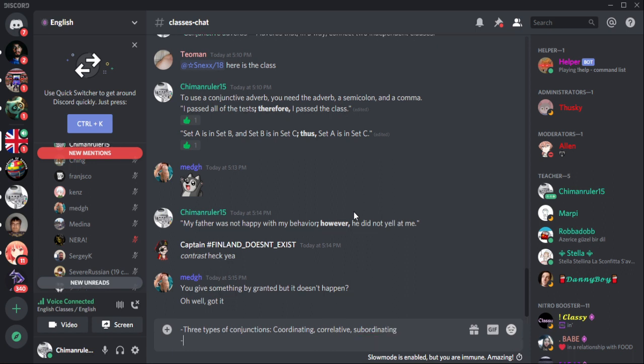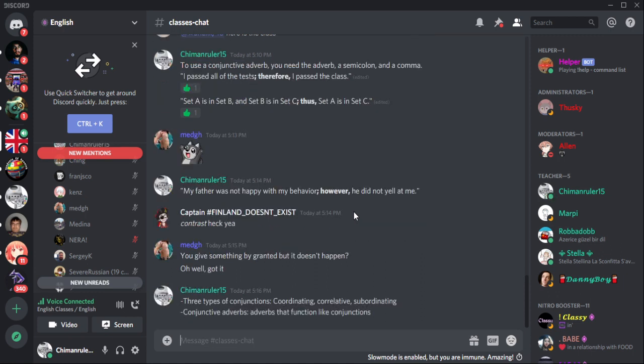And we also have conjunctive adverbs. So, to recap, we have 3 different types of conjunctions: coordinating conjunctions, correlative conjunctions, and subordinating conjunctions.